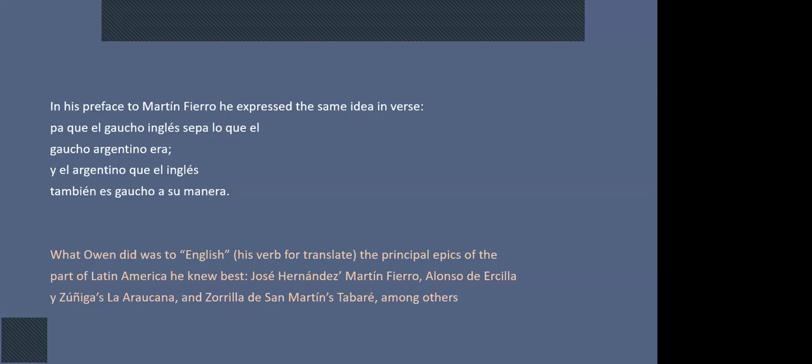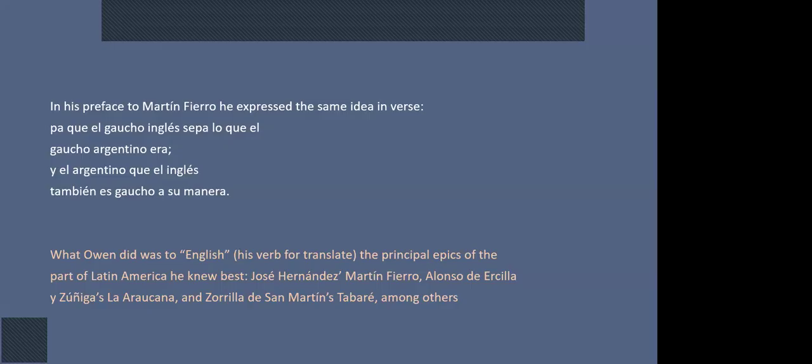What Owen did was to English, his verb for translate, the principal epics of the part of Latin America he knew best: José Hernández's Martín Fierro, Alonso de Ercilla y Zúñiga's La Araucana, and Zorrilla de San Martín's Tabaré, among others. So he not only did it with well-known works, he translated others.